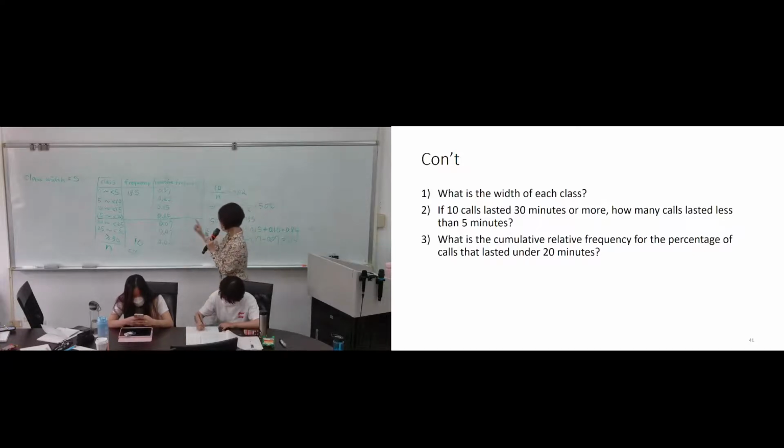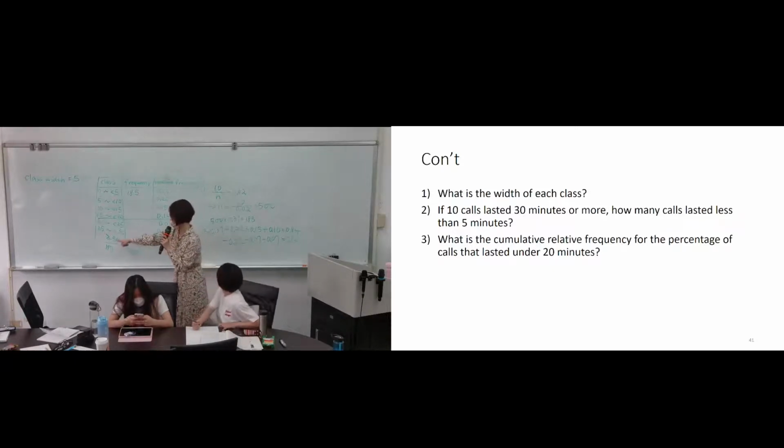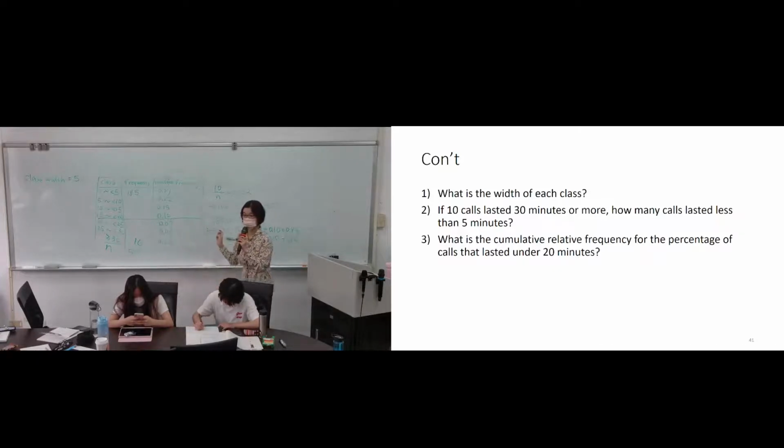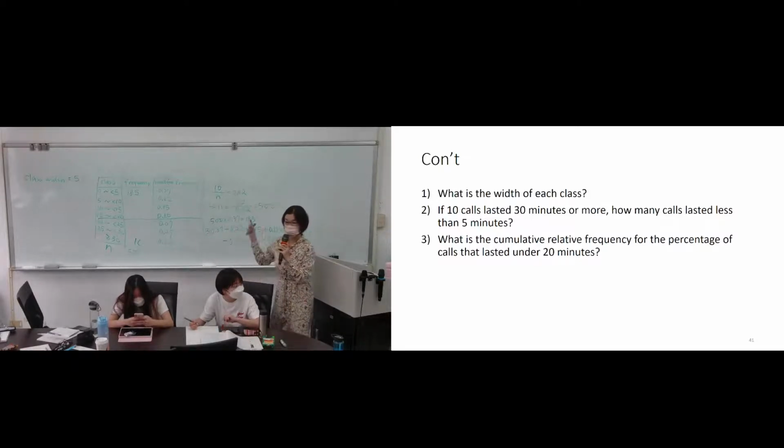And also we deduct 0.02, the relative frequency for the last class, which is 30 minutes or longer. So we deduct these three relative frequencies from 1. That can help us find the cumulative relative frequency under 20 minutes.